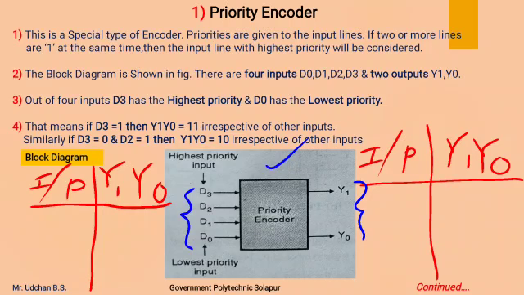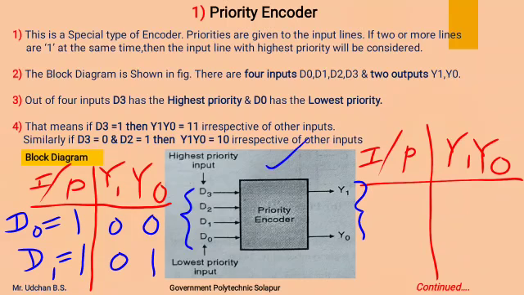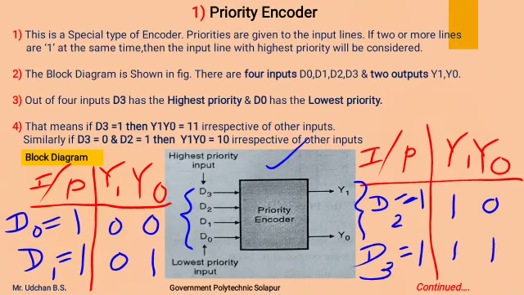If D0 is 1, we get output 0 0. If D1 is 1, we get output 0 1. If D2 is 1, we get output 1 0, and if D3 is 1, we get output 1 1. Keep this sequence in your mind.